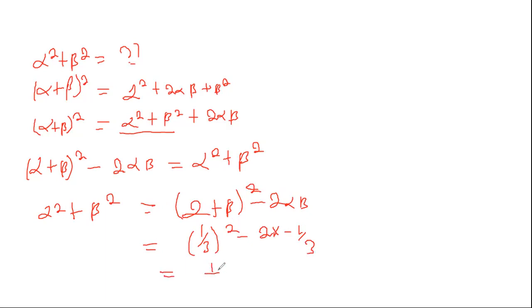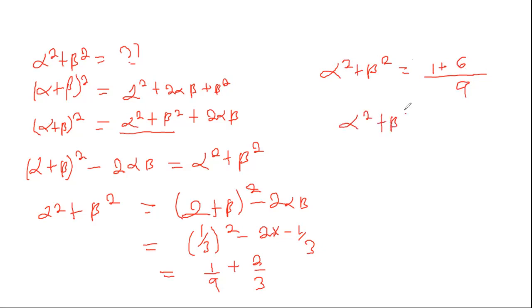This is the same as 1 over 9 plus 2 over 3. So we look for the LCM, which is 9. Then 1 plus 9 divided by 3 is 3, times 2 is 6. So alpha squared plus beta squared is 7 divided by 9.